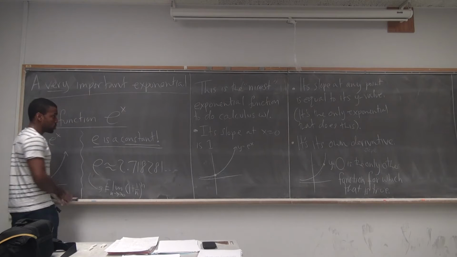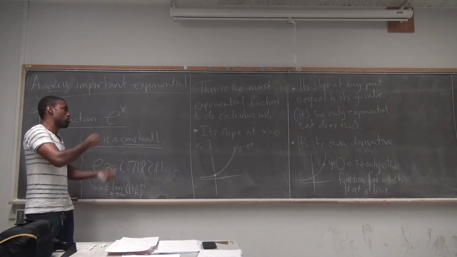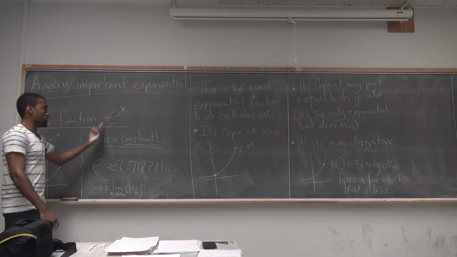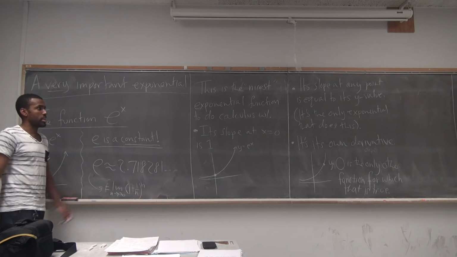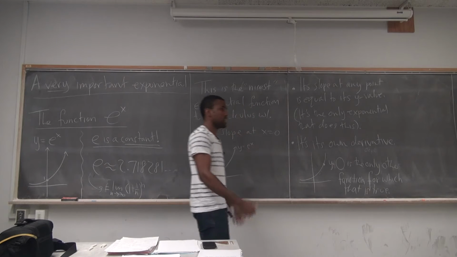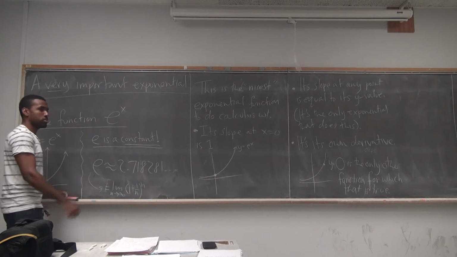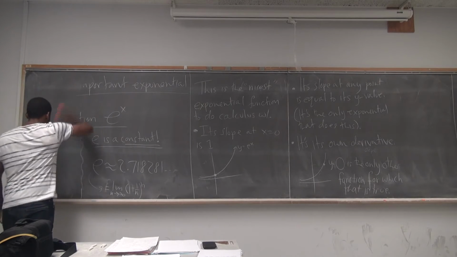So there are a lot of times when we have other exponential functions, and when we want to do calculus, we're going to rewrite them with base e. And when I get to logarithms, we're going to talk about base e too. Because e is very nice for calculus, a lot of things just work out nicely where we don't have to do a lot of work to get to an answer. Because a lot of times the answer is just going to be itself. And that's pretty nice to work with.